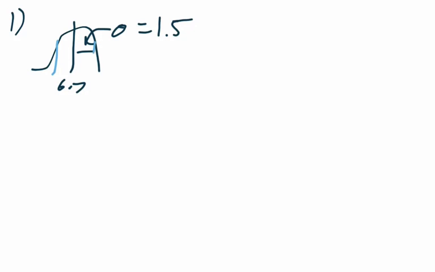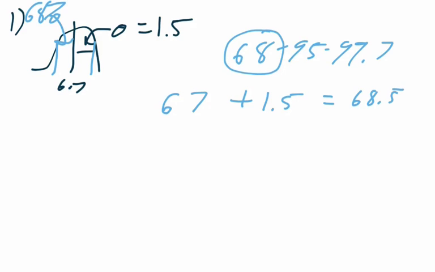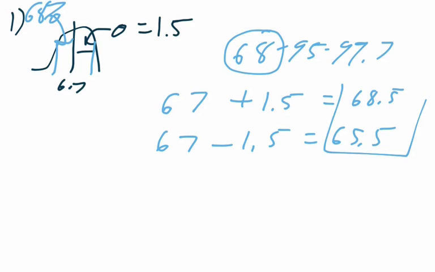So if 32% have outside this range, 68% have inside this range, which is one of my key numbers in the empirical rule, which means we're talking about one standard deviation. So 67 plus one standard deviation would be 68.5, and 67 minus 1.5 is 65.5, and those are the numbers.